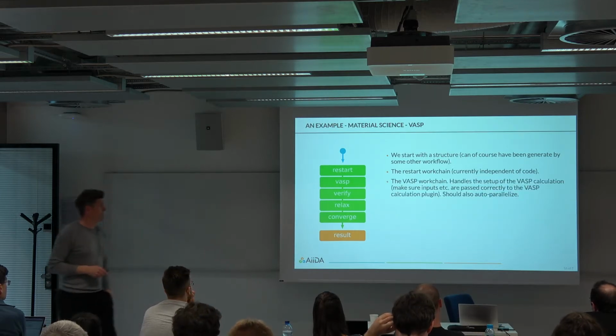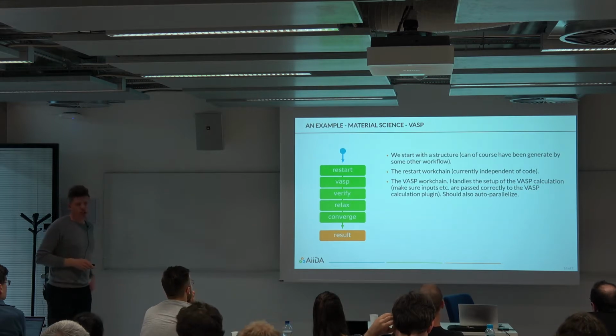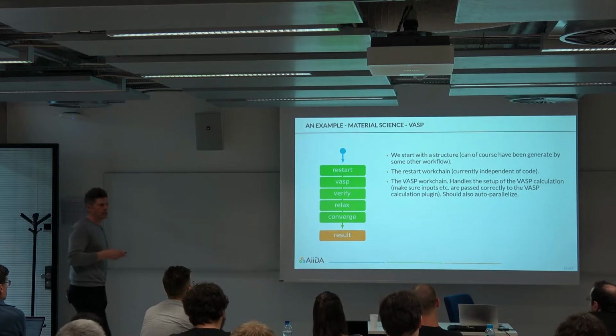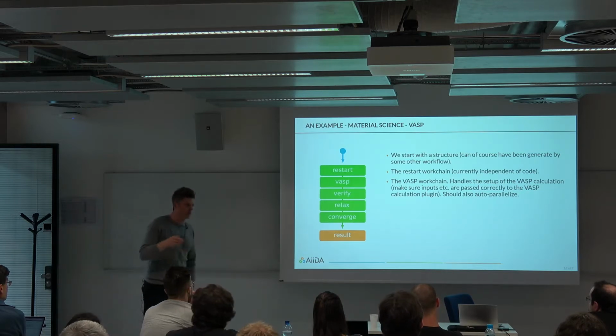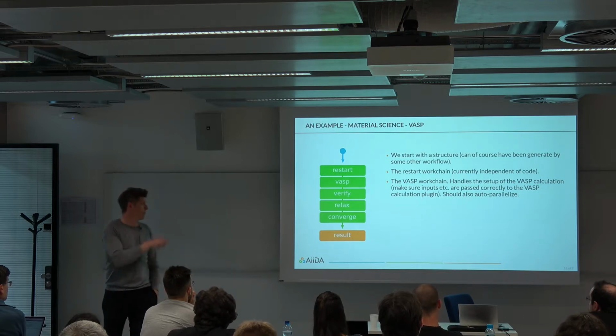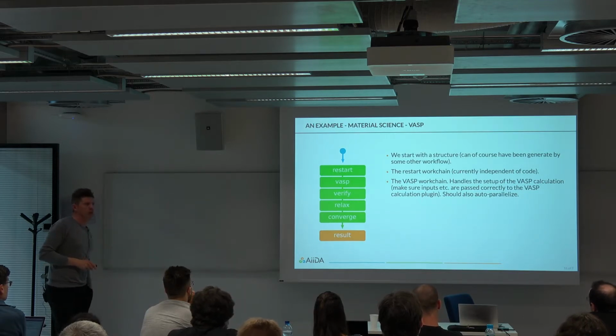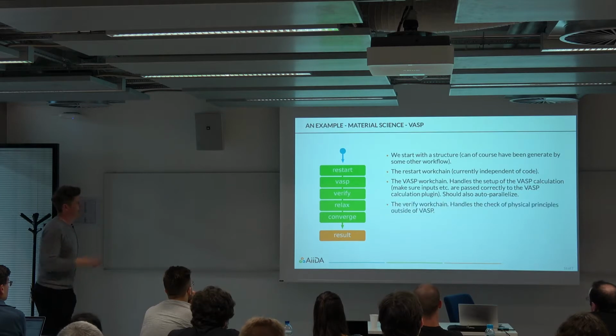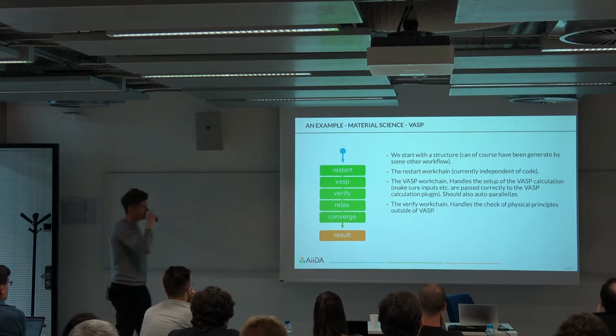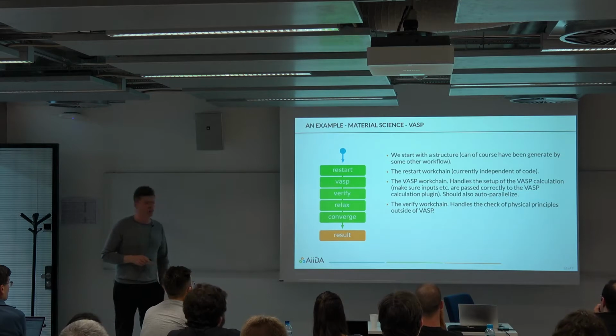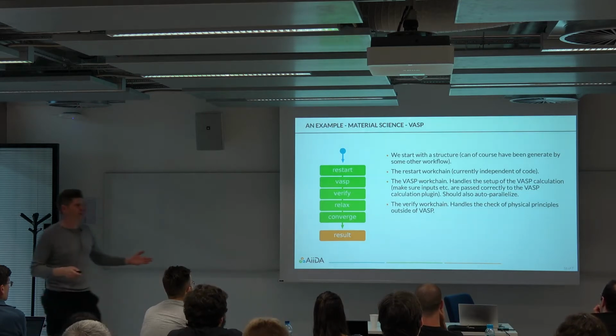And then on top of that, we have the VASP workchain, which converts your workchain inputs or outputs into the VASP calculation specifics. So this is typically where you would have your Quantum ESPRESSO workchain if you want to use that. Then we have the verify workchain, which basically has the possibility of checking physical principles outside of the numerics.